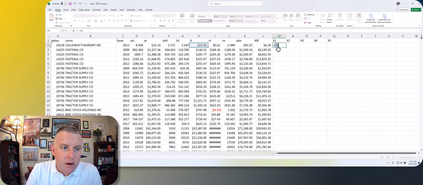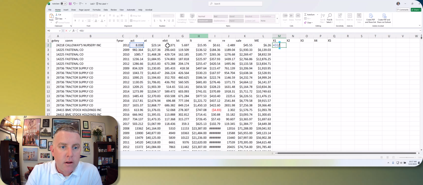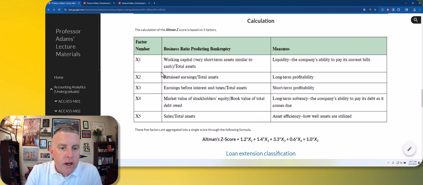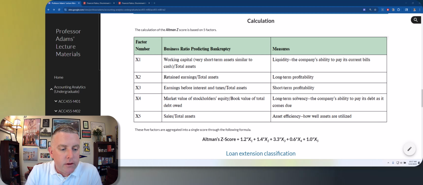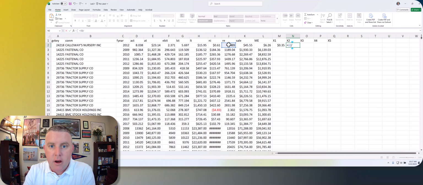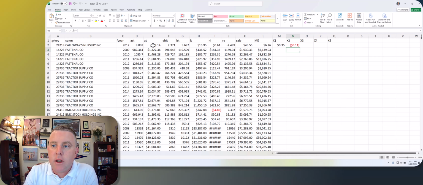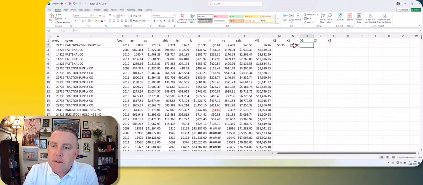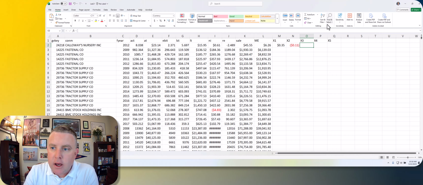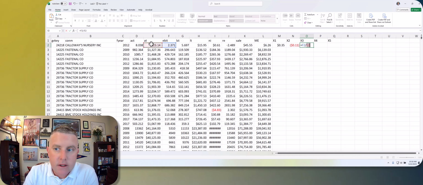The x2 factor is retained earnings divided by total assets. Don't worry about the scale of these variables yet; we'll talk about that in just a second. x3 is earnings before interest and taxes divided by total assets, so we say EBIT divided by total assets.